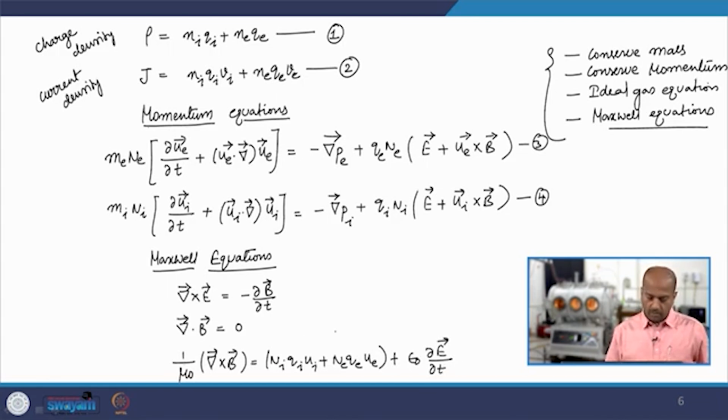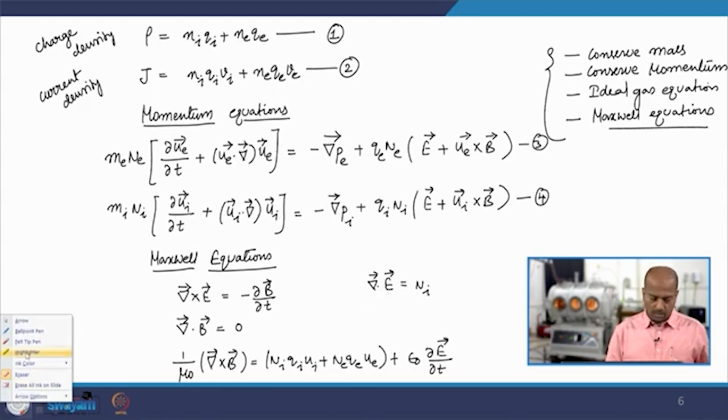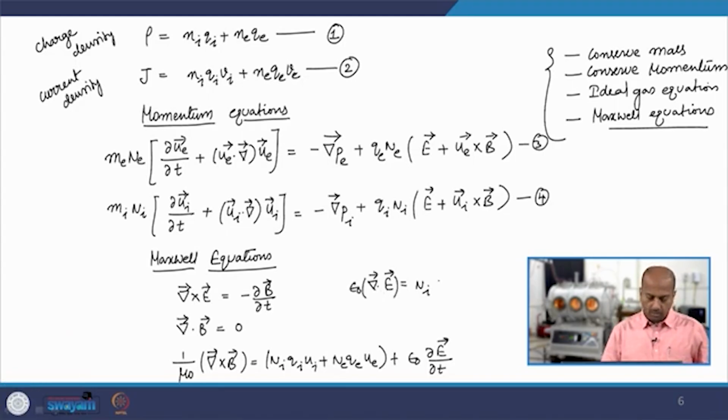And what else you have? You have one more equation, which is the divergence of the electric field: epsilon naught times del dot E is equal to Ni Qi plus Ne Qe.